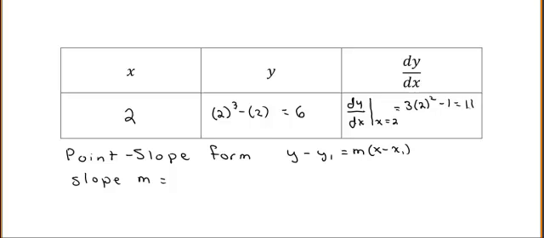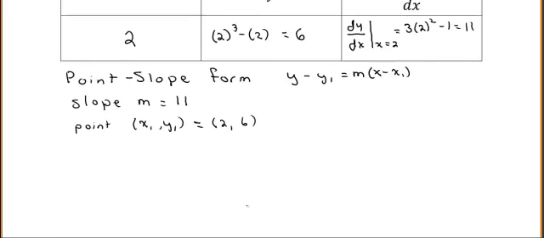In this case, the slope is 11. And the point on the line is x1, y1. Well, on this line, we have the point 2, 6.